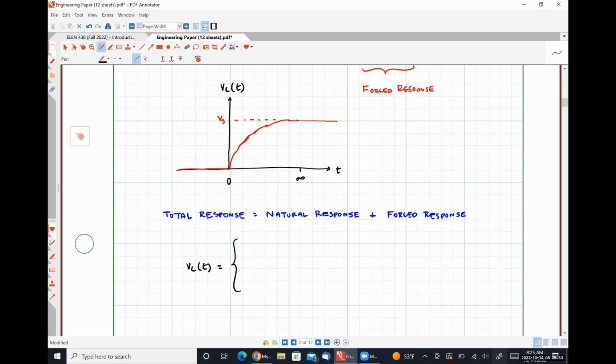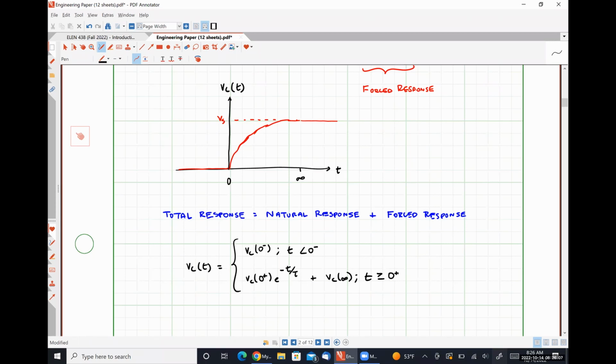So if we follow this definition here exactly, what we would wind up having would be VC at 0 minus for t less than 0 minus, and then VC at 0 plus times e to the negative t over tau plus VC at infinity for t greater than or equal to 0 plus.